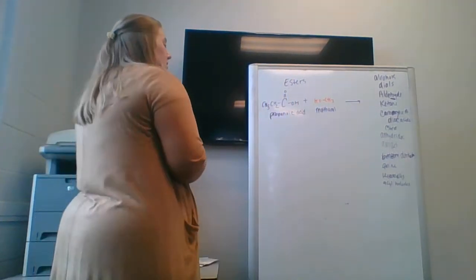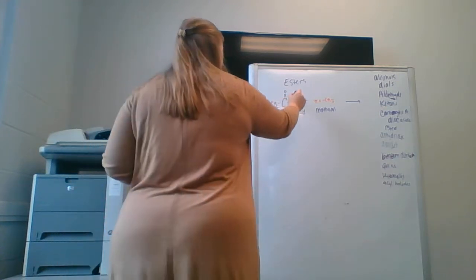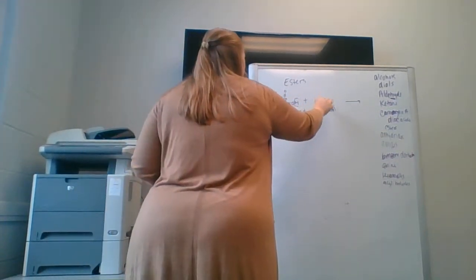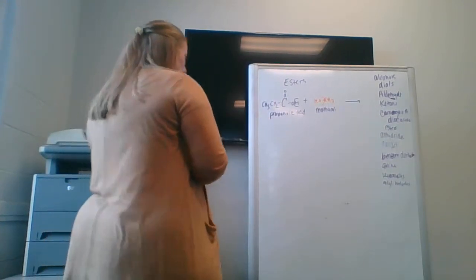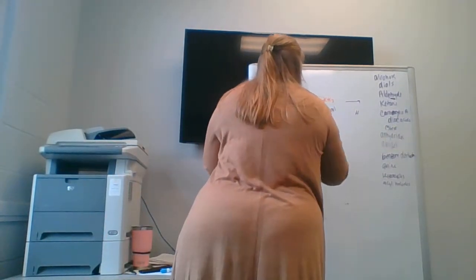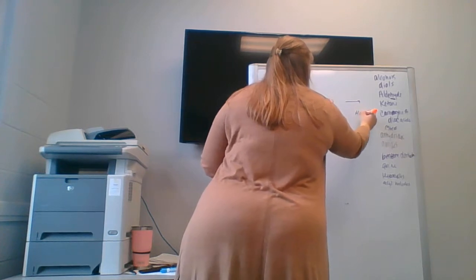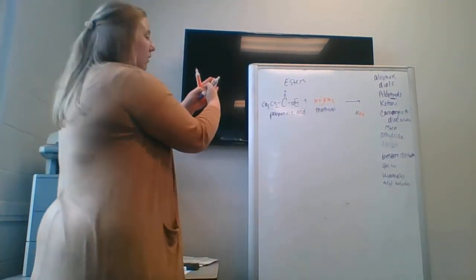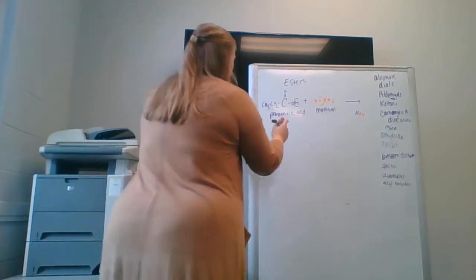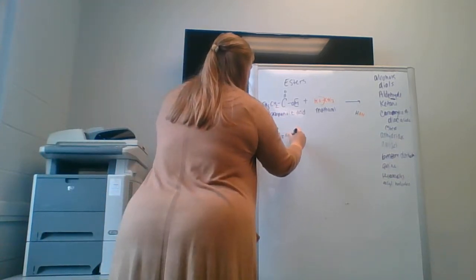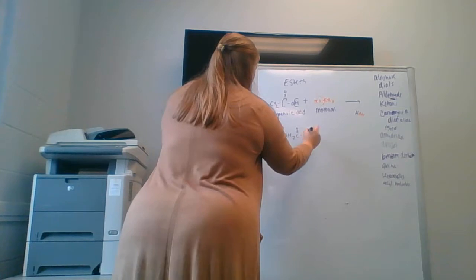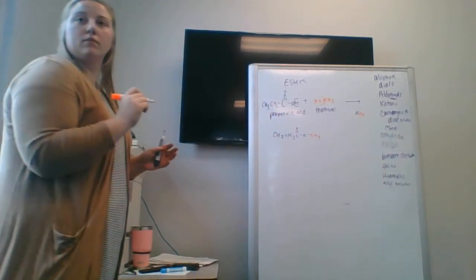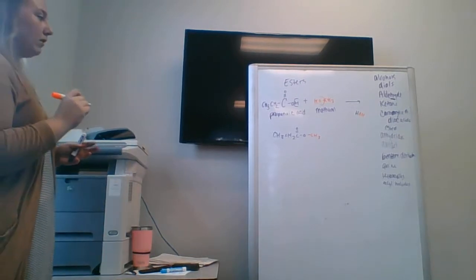Essentially we're going to remove this hydrogen and this OH group, and that's going to fly off. And then we're going to combine these two molecules together. Does everybody see how we did that from one to the other?